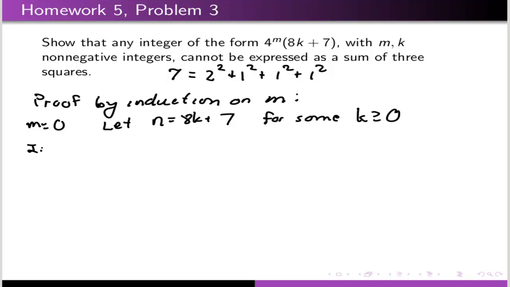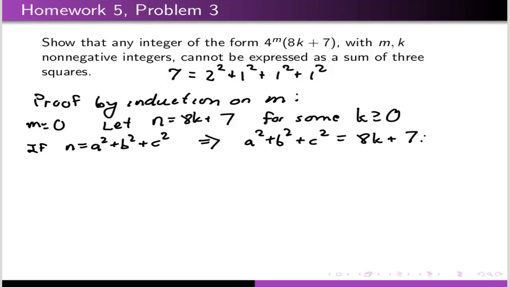So if n is a squared plus b squared plus c squared, that would imply that a squared plus b squared plus c squared is 8k plus 7. And what does that mean? Now view this congruence mod 8 to get a contradiction, to show it's impossible.